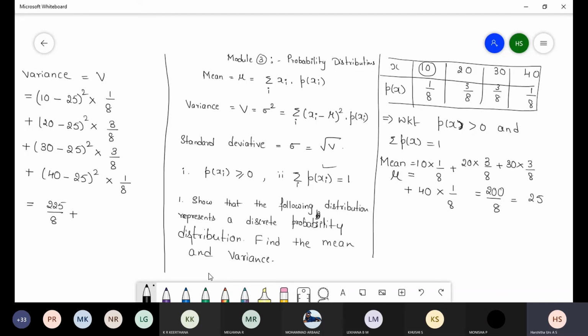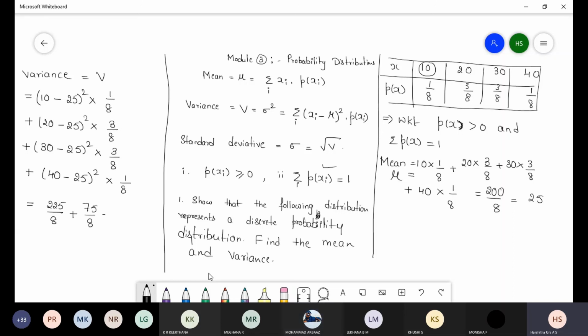Minus 5 whole square, what is 5 square? 25. 25 into 3 is 75, 75 divided by 8.